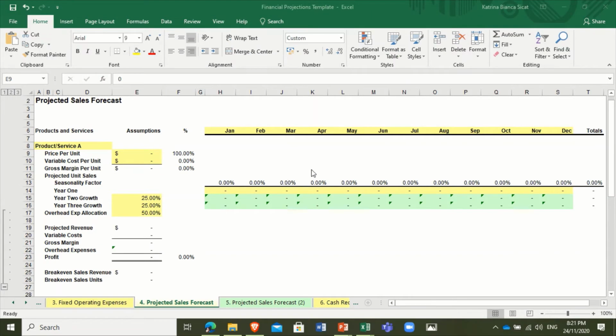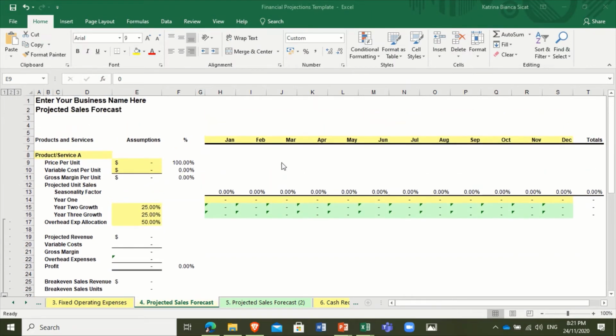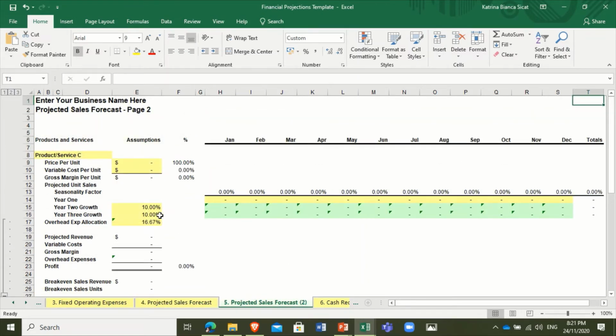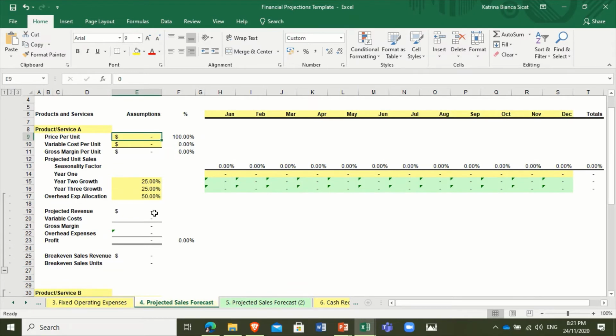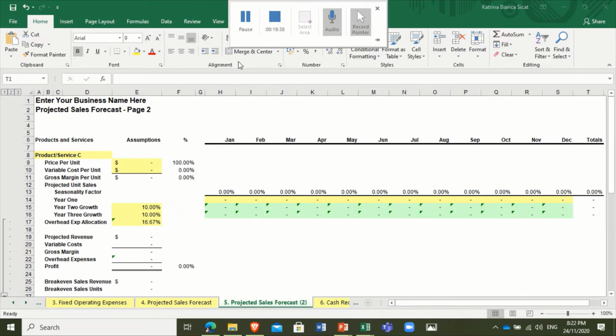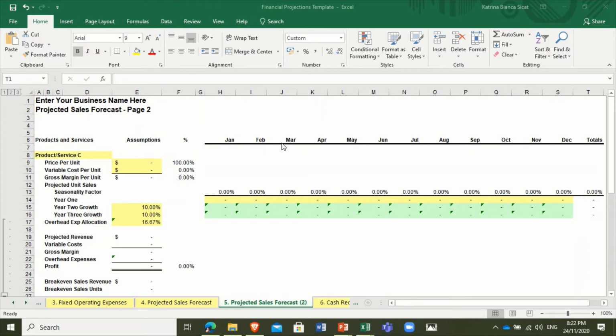So after the sales projection, kung mapapansin niyo dito sa template, dalawa yung kanyang projected sales forecast kasi this one is more conservative. Kung mapapansin niyo ito, 25%. So mas naging conservative pa siya, not so much enthusiastic yung kanyang projection, ginawa niya na lang 10%. So bakit kailangan maging conservative sa estimates?